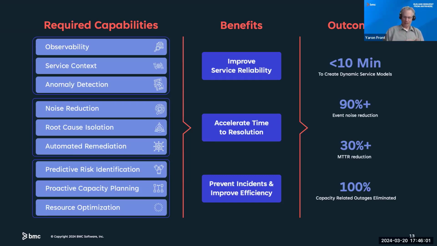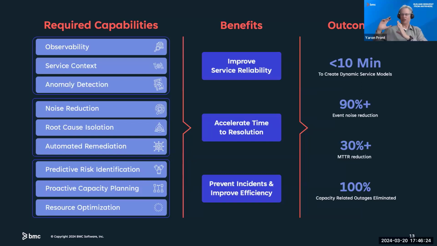Observability and AIOps is about doing things differently. It's about bringing both operations and service management together. It's breaking those silos. It's to understand not only events and metrics, but also the context and the services.